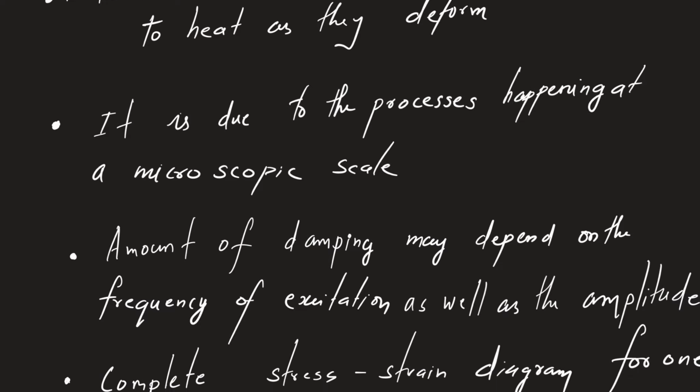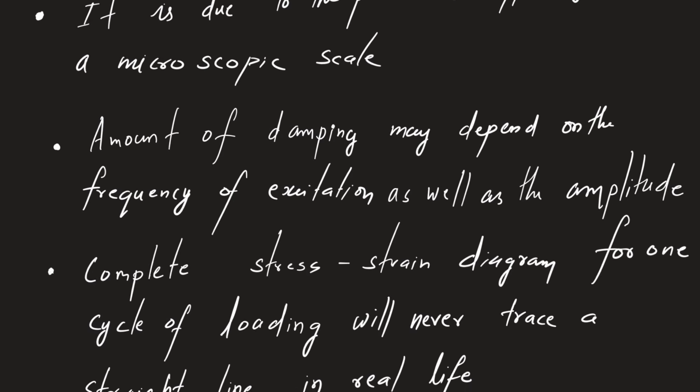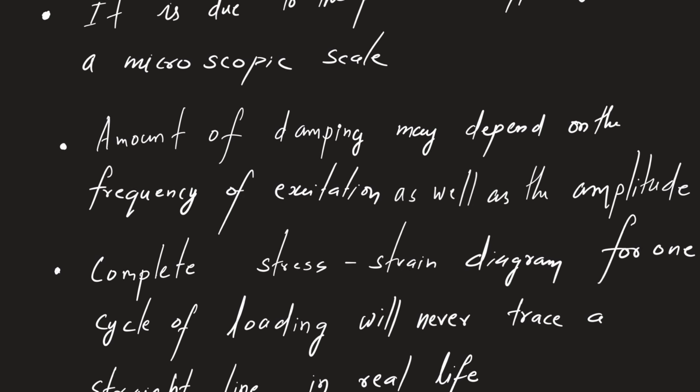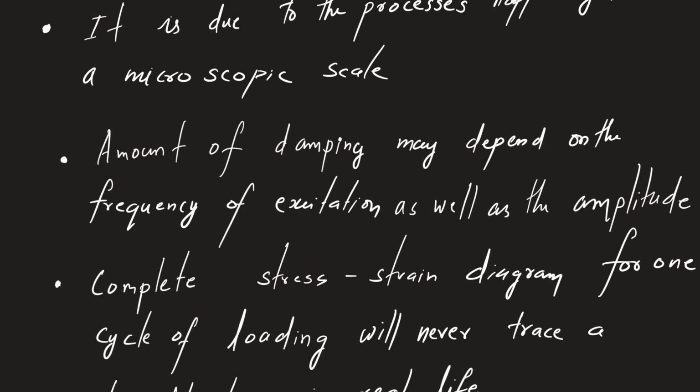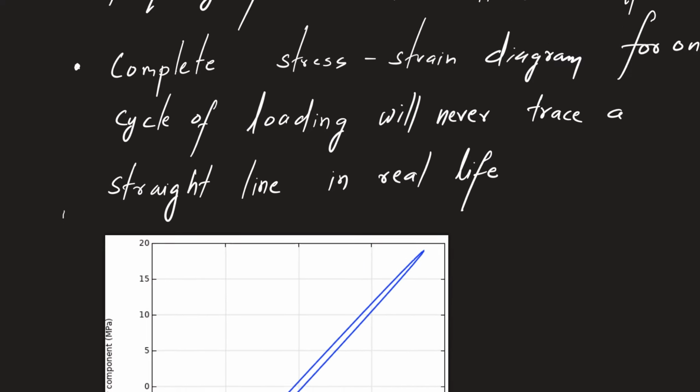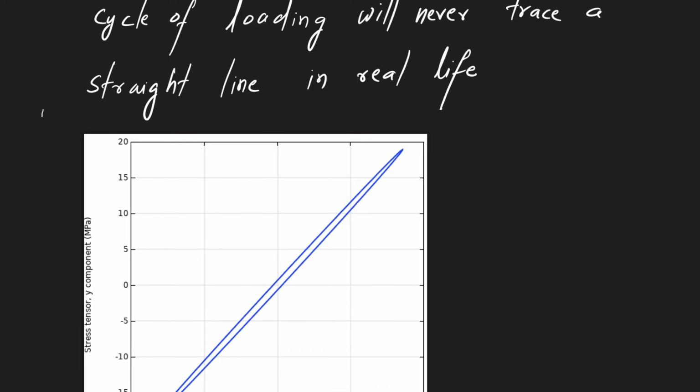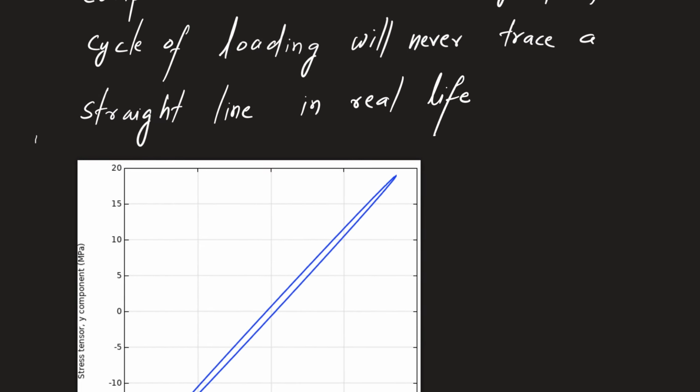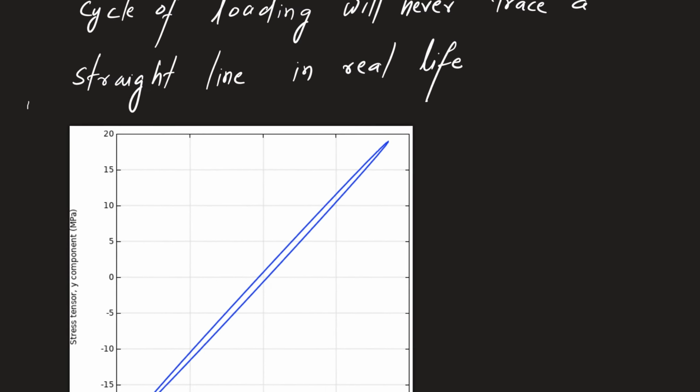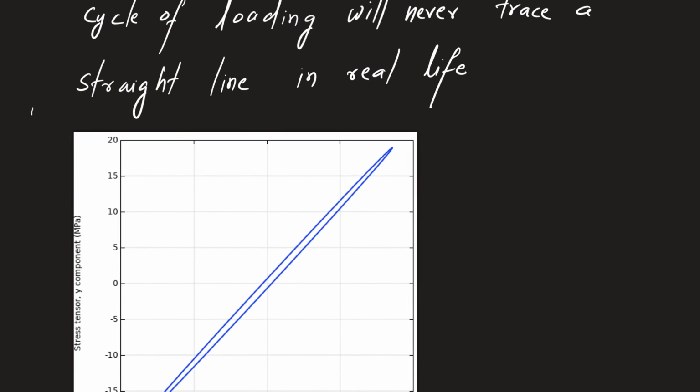And if we recollect that stress strain diagram corresponding to one cycle, we all know that vibration means the displacement goes through a cycle like this. So let's say that in a tension test I am doing the same thing, like I am subjecting my uniaxial tension test specimen to a cycle. Then as shown over here, we can see that even though strictly speaking, if the stresses are within the yield strength of the material, you should get a straight line only.